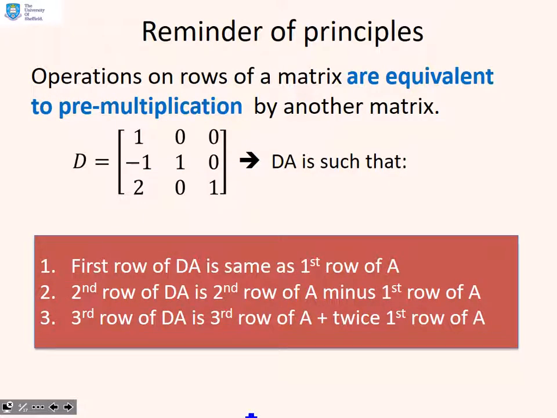So just a reminder that pre-multiplying, or multiplication on the left, by a matrix D is equivalent to a row operation.